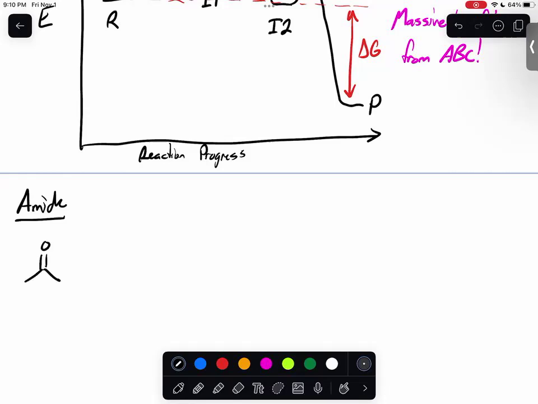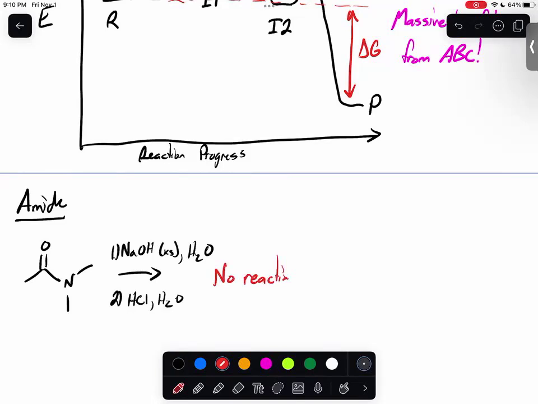Essentially, if we were to take this and run it under the same conditions that we have these others, excess sodium hydroxide and water, and then try and do that HCl in water, we would see no reaction, right? It is just not possible. Question is why?